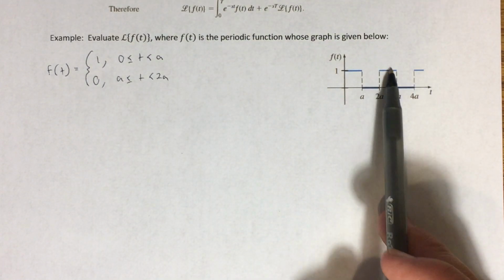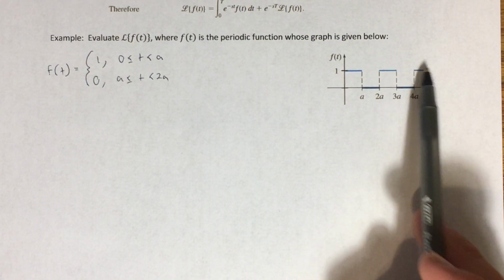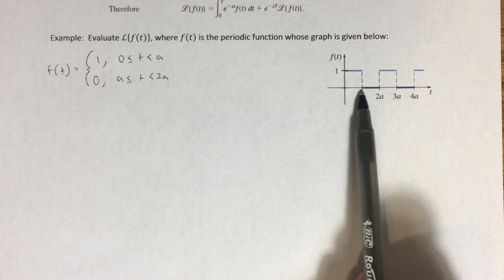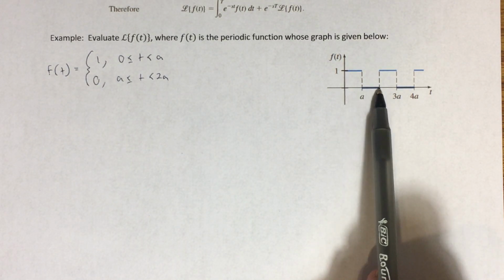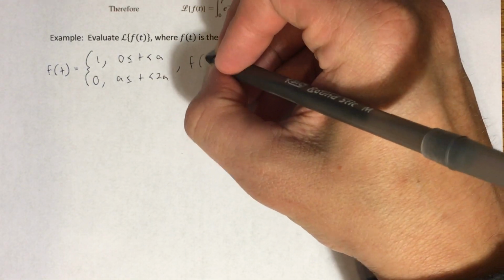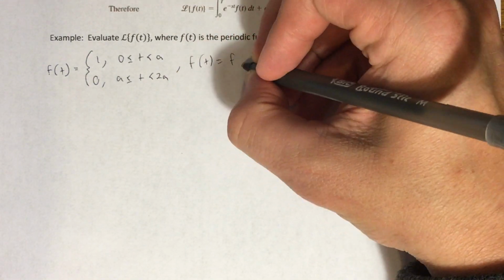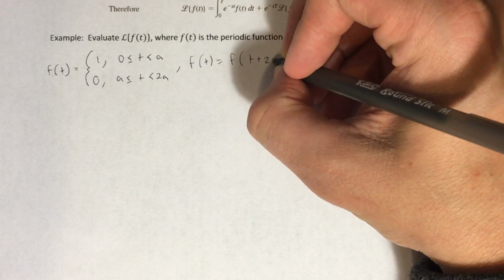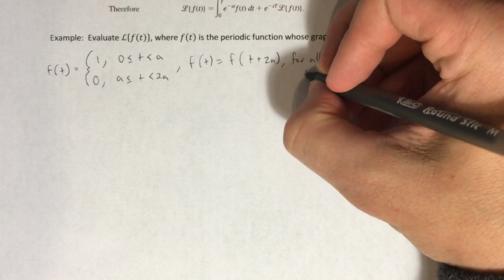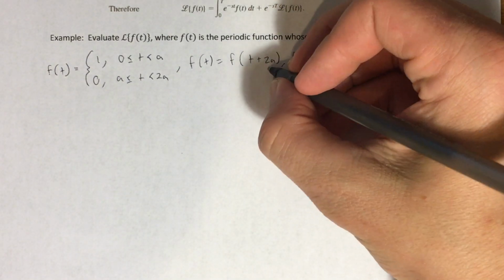And then after that, it just repeats: 1, 0, 1, 0, 1, 0. So it's clear that the period of this thing is 2a. That's how far we have to go before we start seeing the repetitive pattern. So I'm going to say that f of t equals f of t plus 2a for all t. That's indicating that this is the period.